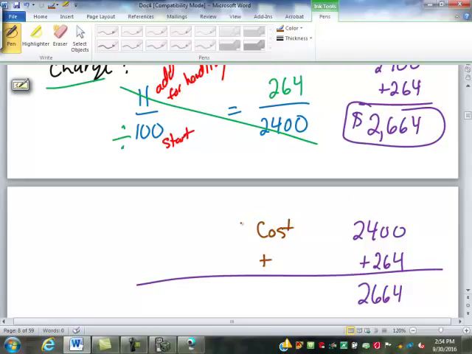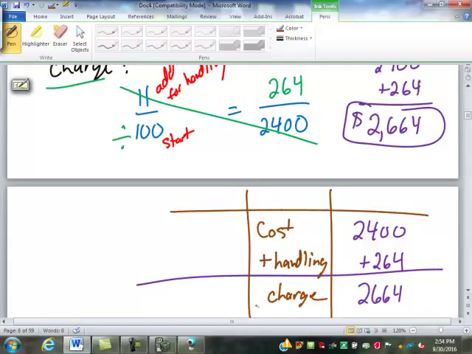To that, we're going to add, you could call it a markup, you could call it profit, handling, or whatever. We're just going to call it handling because that's what it's described as in the problem. And then the total is the amount we charge our customer. So again, each of these items is described with two numbers. We have a percent, and on the other side we have a dollar amount.